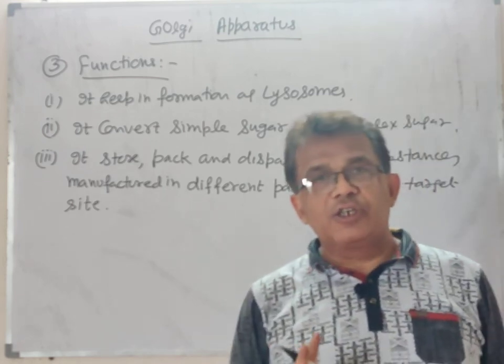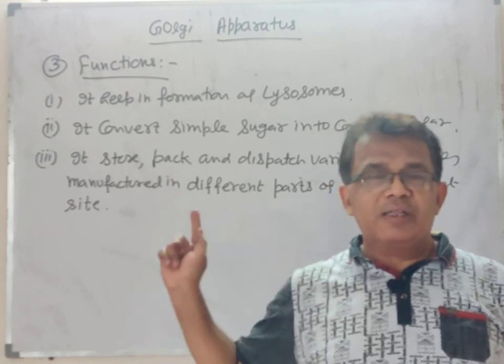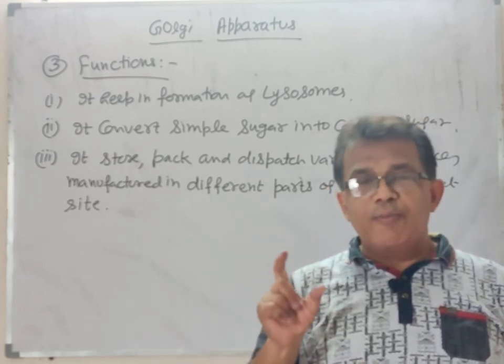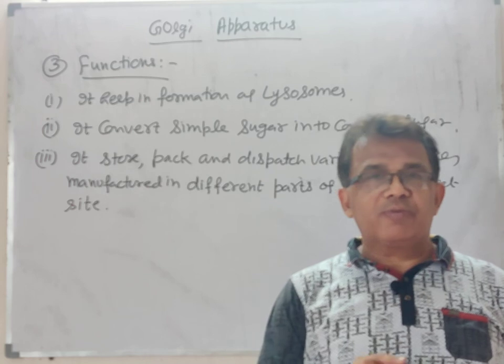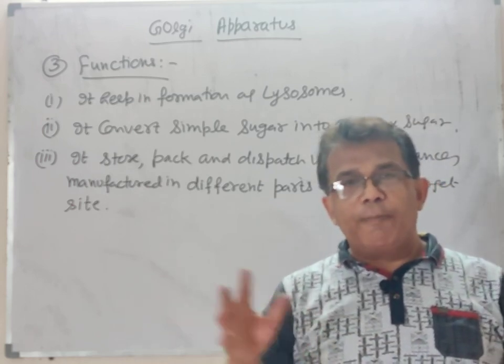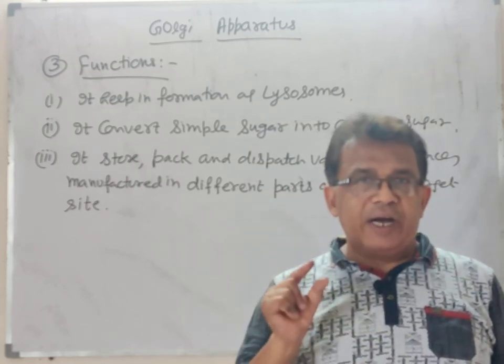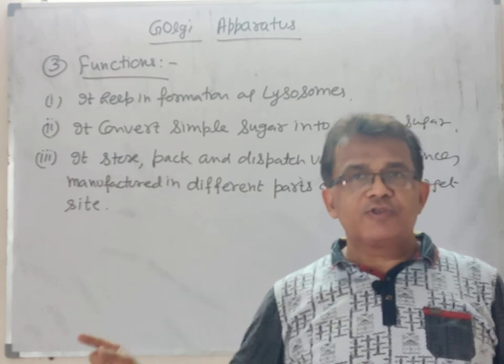So today we have studied two components. One is endoplasmic reticulum, another is Golgi apparatus. Both are membrane bound structures, both together make a complex membrane system. Endoplasmic reticulum can be either rough or smooth.